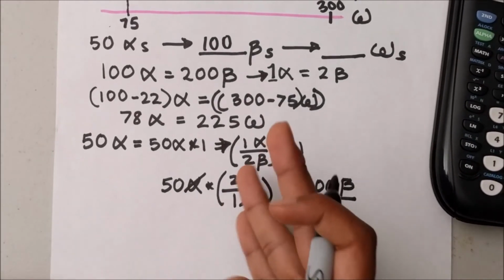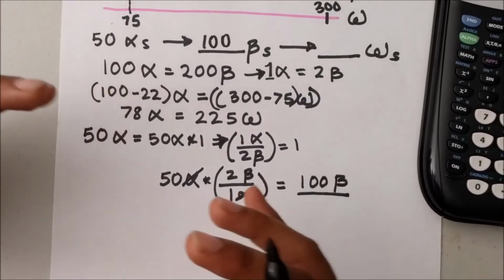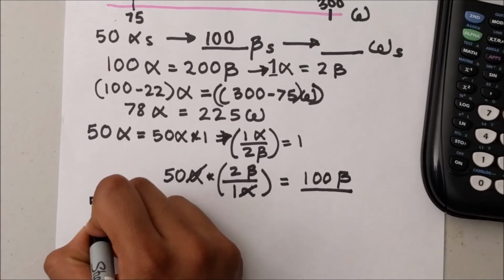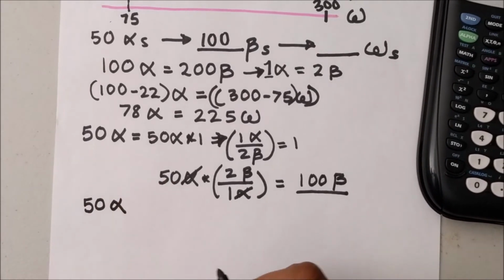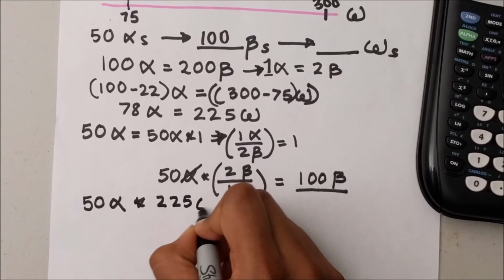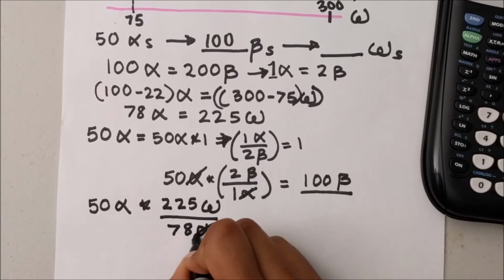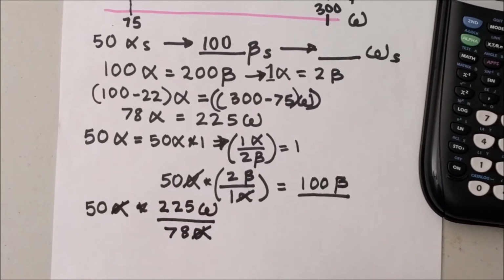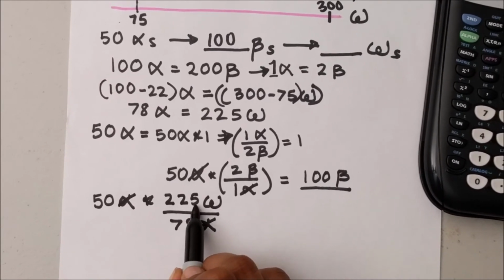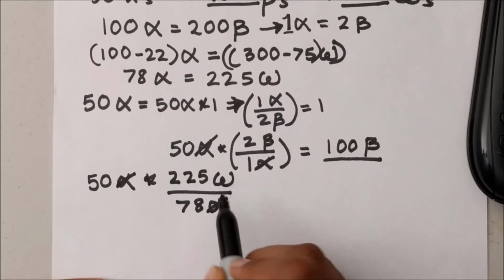Using the same idea as before, with a fraction that equals 1, and keeping in mind that we want the alphas to cancel out once more, we have the equation 50 alpha times 225 omega over 78 alpha. Now we can cross out the alphas. So now we have 50 times 225 divided by 78 omega.